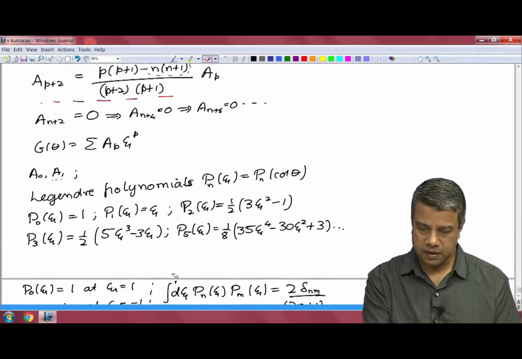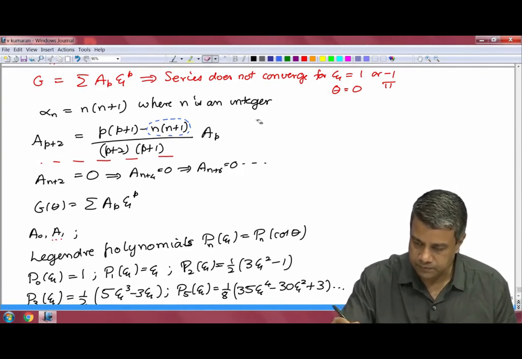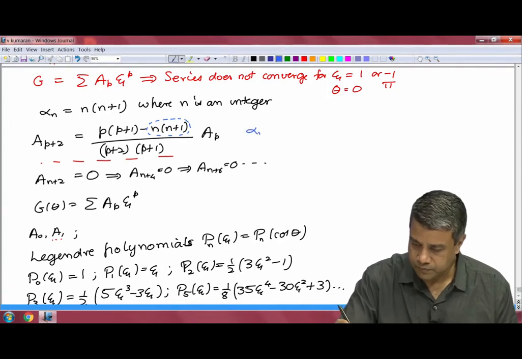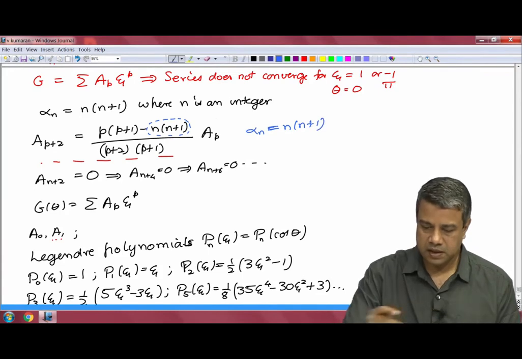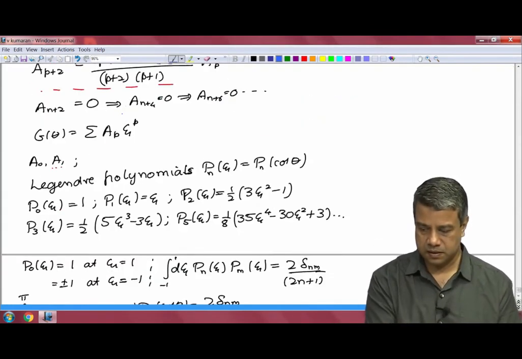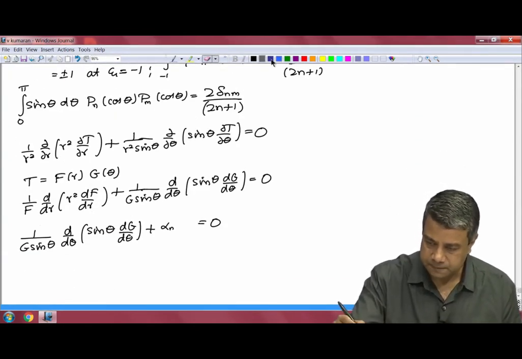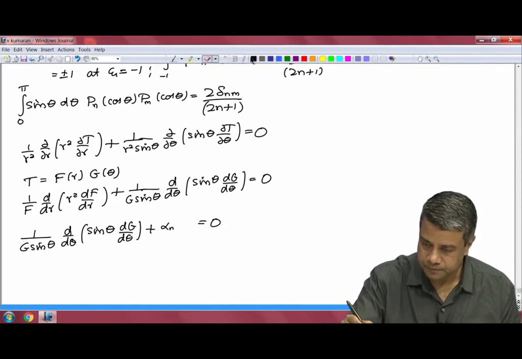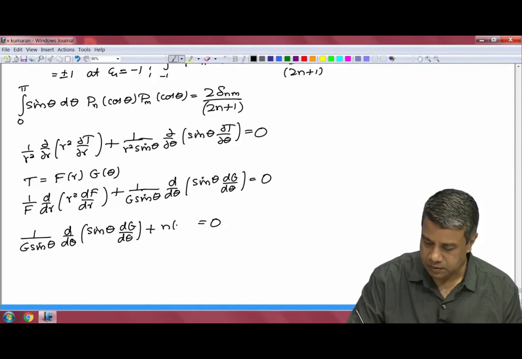And from the condition that the series has to be finite, we found that alpha n has to be equal to n into n plus 1, where n is an integer. So, that was the condition that we had obtained here. So, this has to be n into n plus 1.